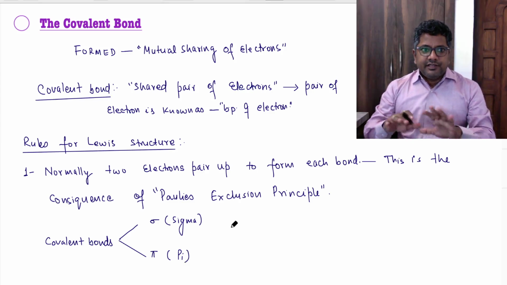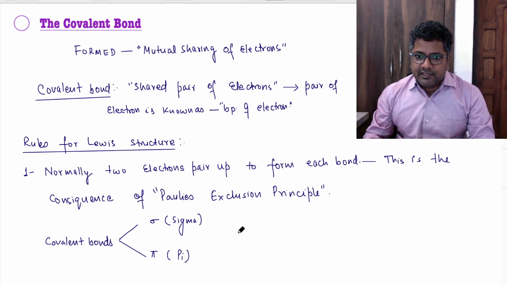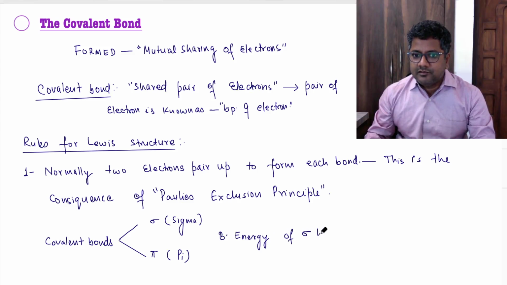I will discuss in detail about this sigma and pi bond, but here you can say the bond energy of sigma bond is more than the bond energy of pi bond.